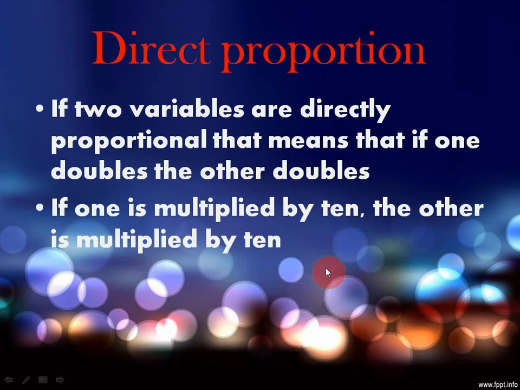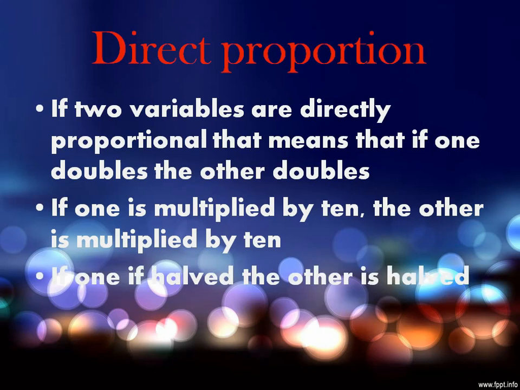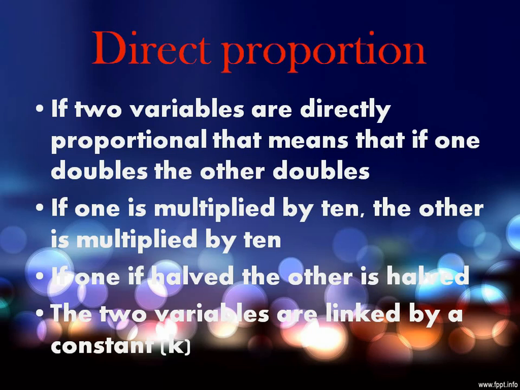And if one is half, then the other is half. And the two variables are linked by the constant k. So this is the proportionality constant, and now you are familiar with this constant k. How to calculate the value of the constant? Now you are able to calculate the value of k.